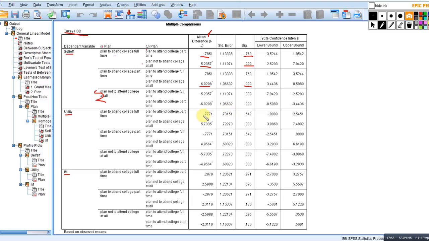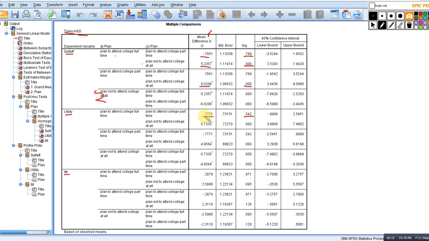In this case, those who plan to attend college full-time had a slightly higher mean on perceived utility than those who plan to attend part-time, but that difference was not significant, so it's basically attributed to sampling error.